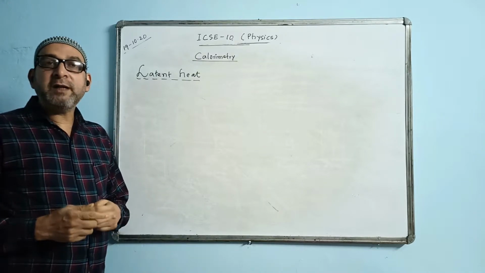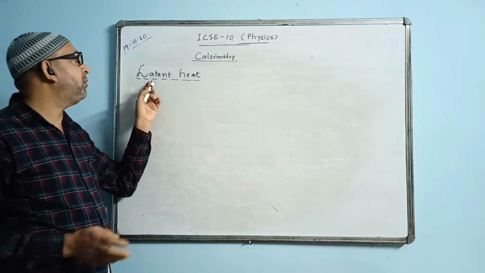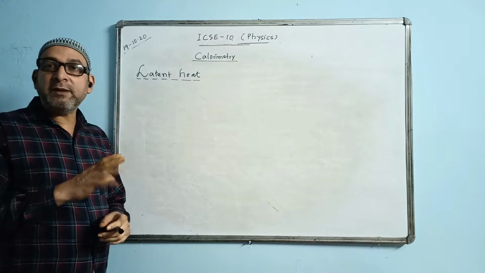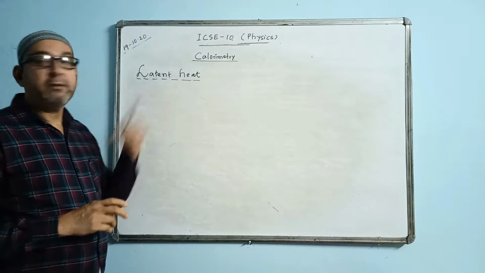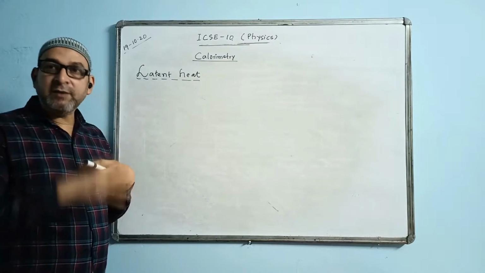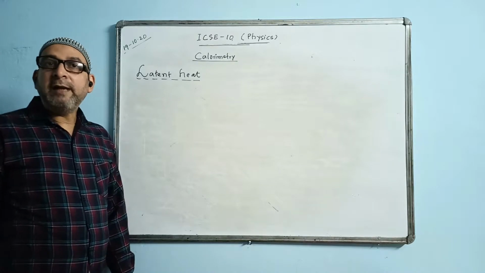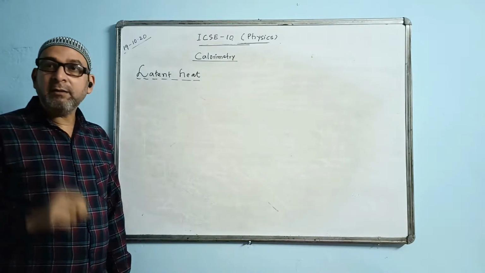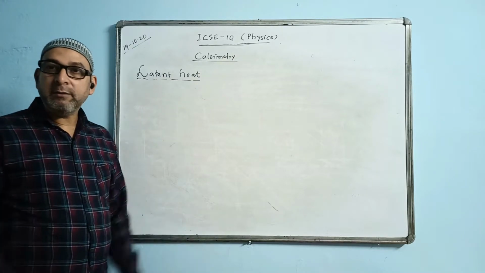For the change of state, whatever is the quantity of heat involved, that is called latent heat of the substance. Or this is the amount of heat which does not change the temperature of the substance, rather it changes its physical state. Such a heat is called latent heat. Latent heat is so called, that is hidden, because such a heat does not change the temperature.